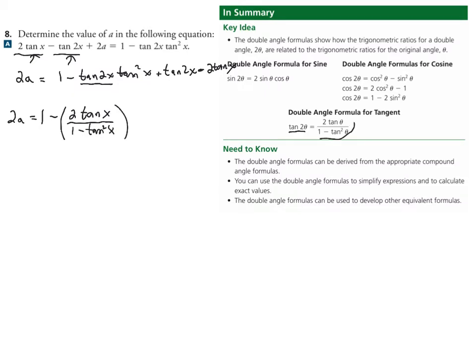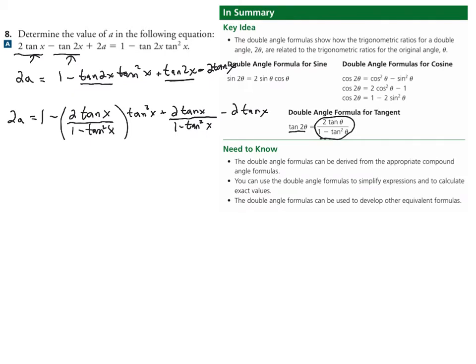Whenever I see a double angle, I like to use the double angle formula. This is going to be times tan squared x plus, now we have another double angle. Let's do it again. This is going to be 2 tan x over 1 minus tan squared x and minus 2 tan x.